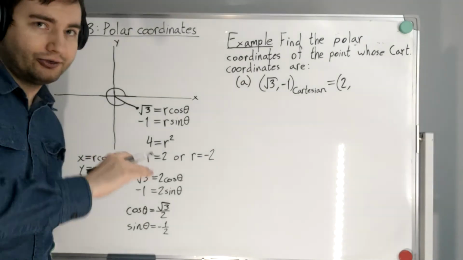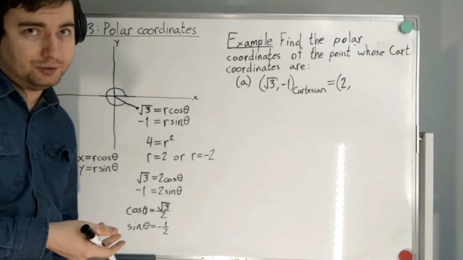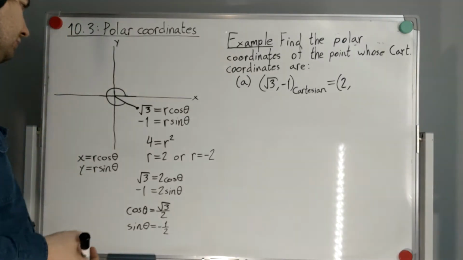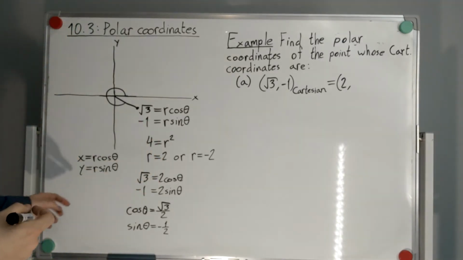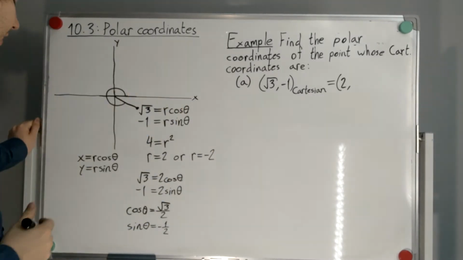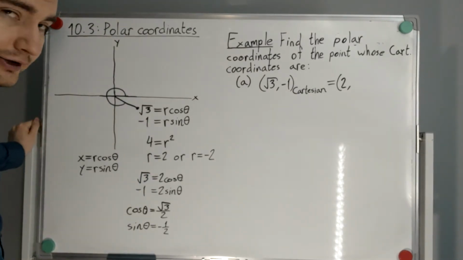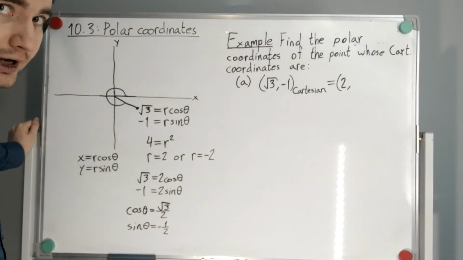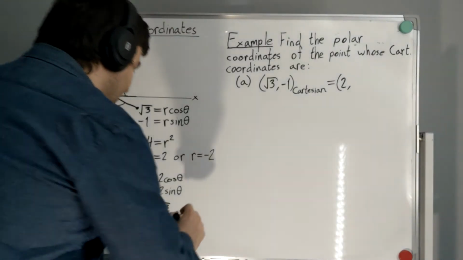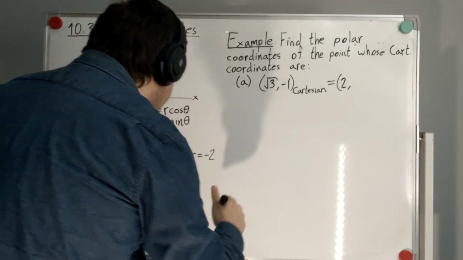We could also find an angle between 0 and negative 2 pi. That would be fine too. But for right now, let's just say 0 and 2 pi. Right then. So anyway, if cosine theta is root 3 over 2, there are exactly 2 angles between 0 and 2 pi that actually do that. One of them is pi over 6.